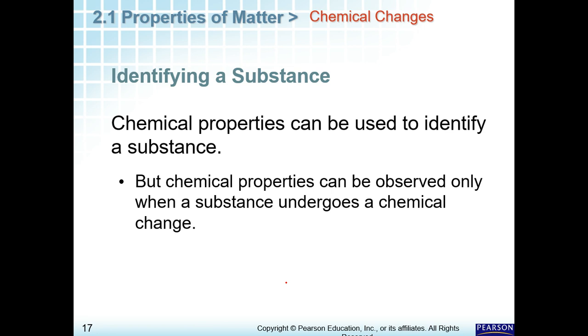The downfall of this is that chemical properties can only be observed when it undergoes a chemical change or changes its composition. For example, if you were to have a piece of paper and burn it, it's no longer paper anymore, it's going to be ash.